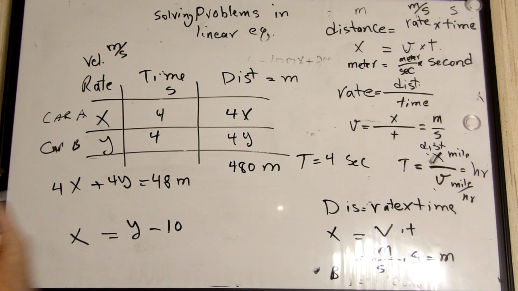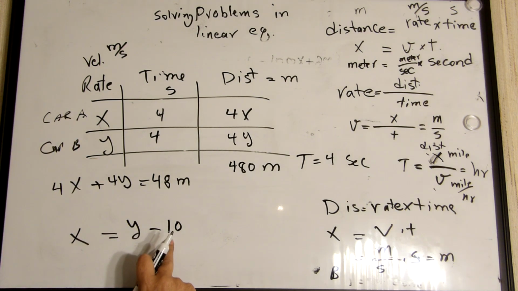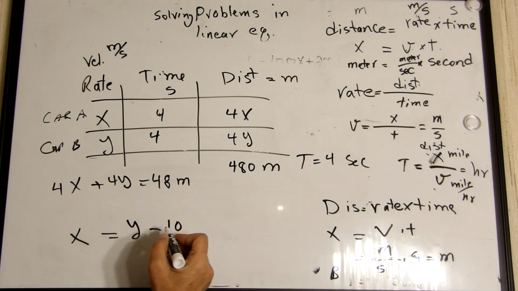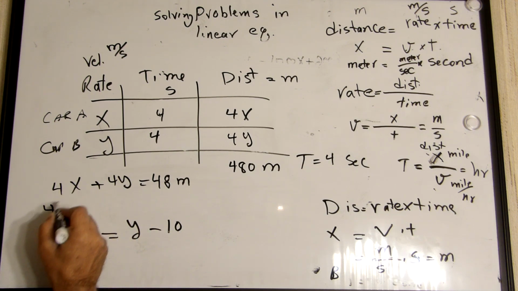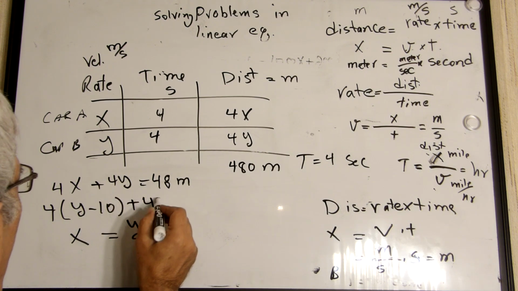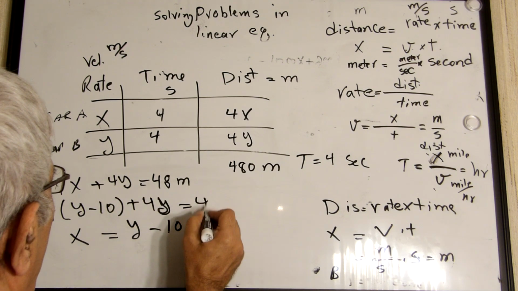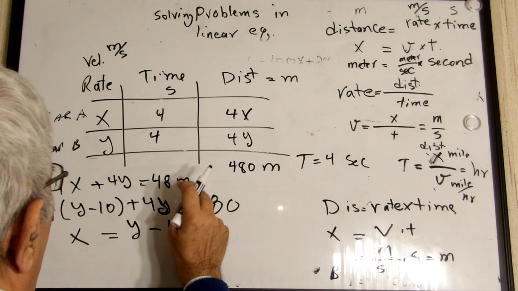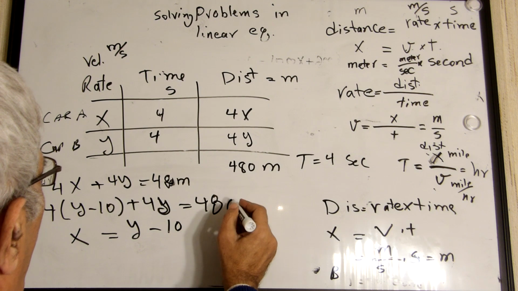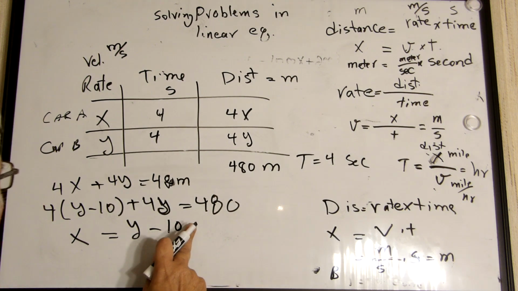We know that car A is going slower, 10 meter per second slower than car B. So if x is equal to y minus 10, we put 4 times y minus 10 plus 4y is equal to 480.